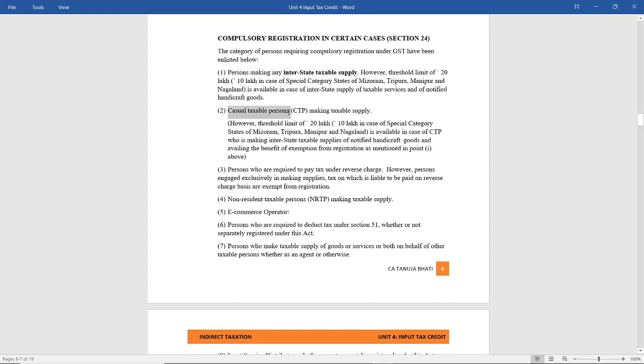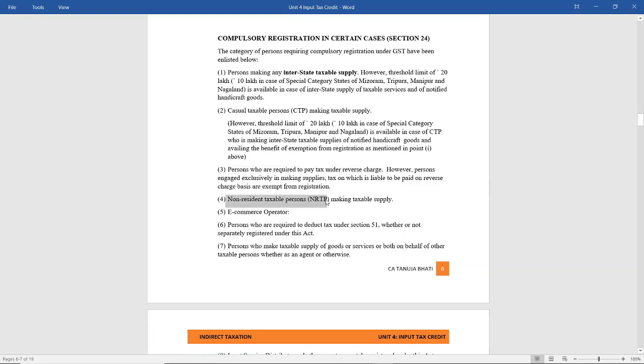A casual taxable person making taxable supply. Remember, he is making taxable supply, so he has to get himself compulsorily registered. Persons who are required to pay tax under reverse charge. Reverse charge we have already seen in detail. So any person who is required to pay tax under reverse charge has to get compulsorily registered.